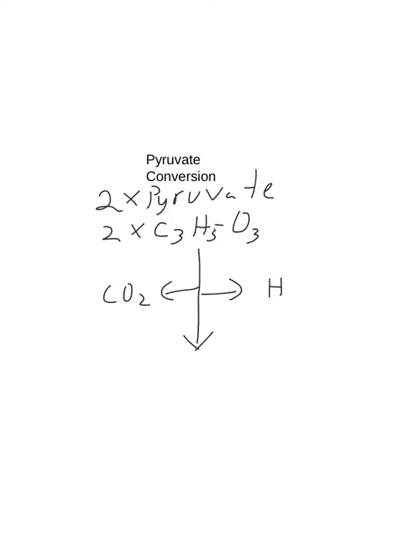We're going to need that hydrogen later, so it's going to get picked up by NAD, and we're going to end up with NADH. And if we subtract a carbon from our original pyruvate, well, 1 carbon from 3 is 2.